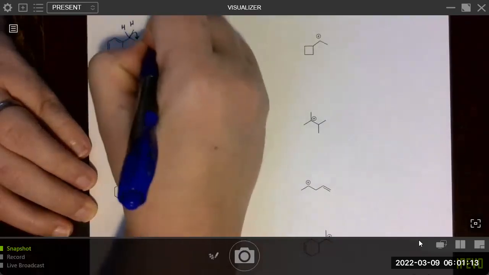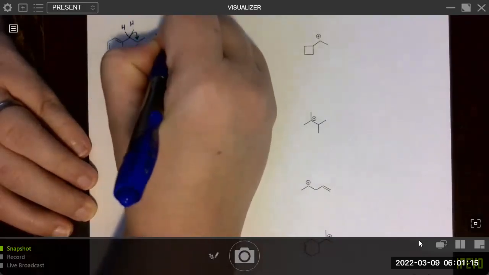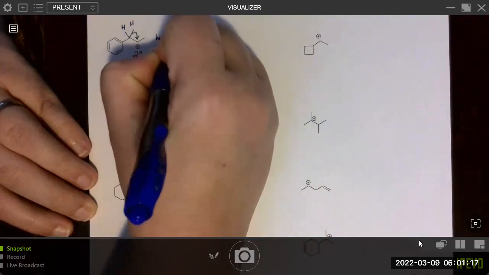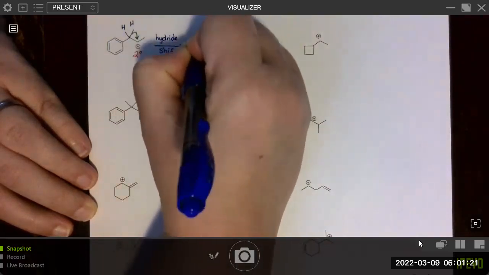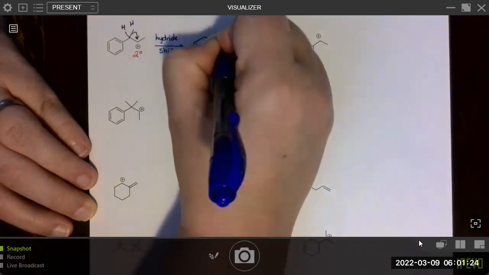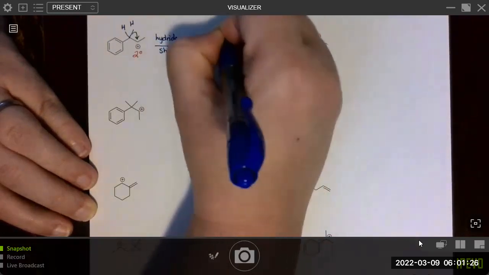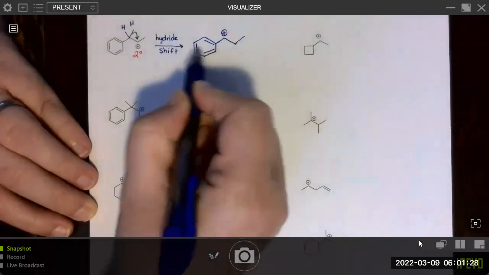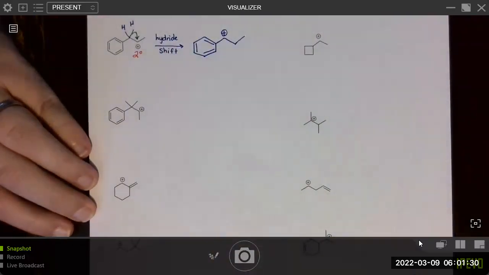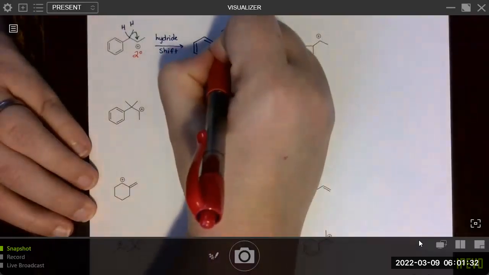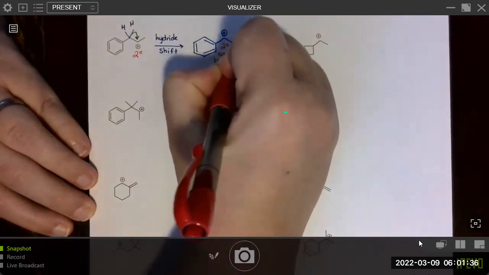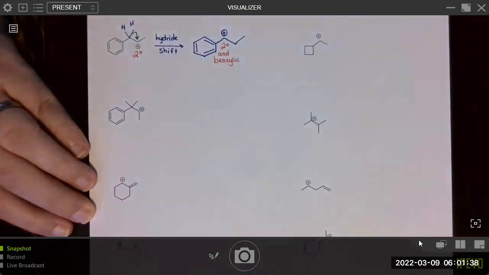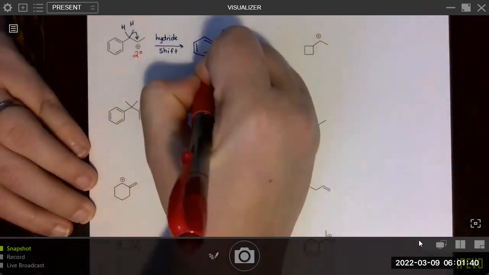So this hydride shift gives us the carbocation on the carbon directly adjacent to the ring. So this one is considered secondary and benzylic, which has resonance stabilization.